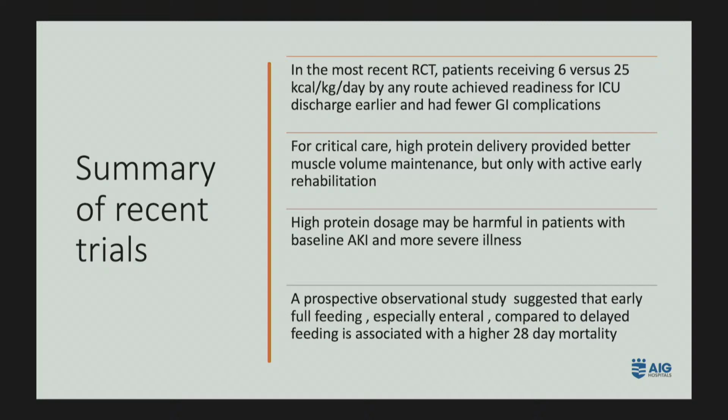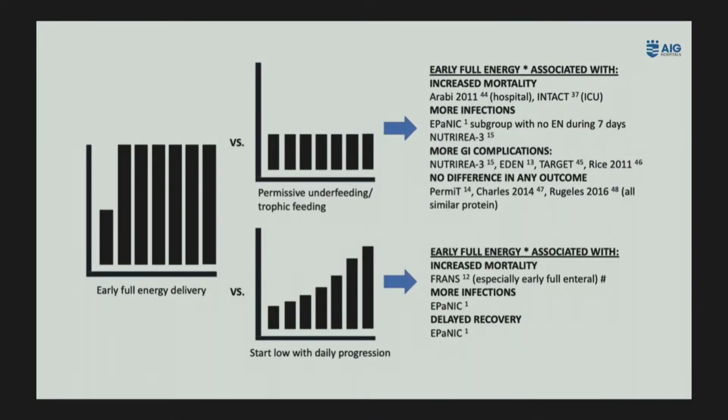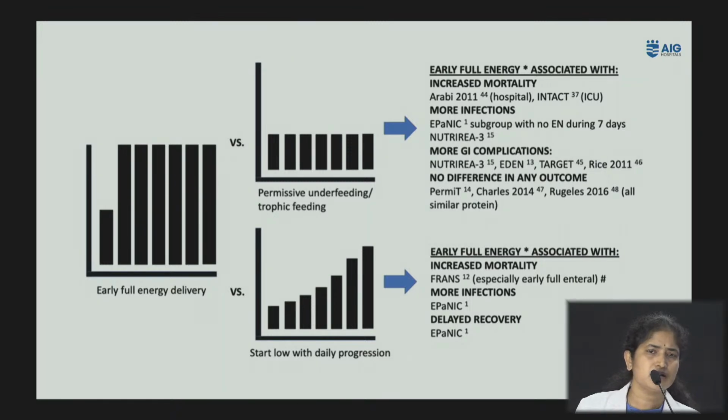Another prospective observational study suggested that early full feeding, especially enteral, compared to delayed feeding, is associated with higher 28-day mortality. And the EFFORT Protein trial showed that high protein dosage early on is harmful to patients, especially critically ill patients. There have been many other studies, such as NUTRIREA, TARGET, Arabi, and EPaNIC.